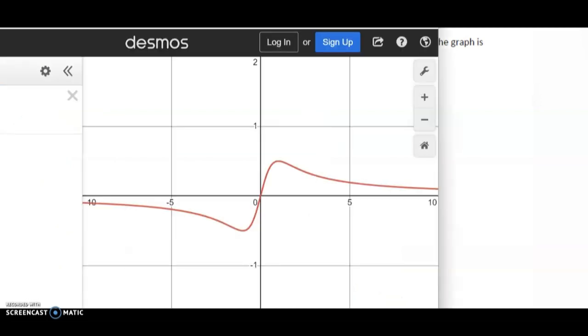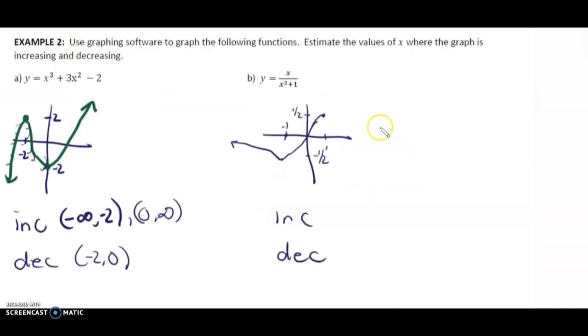And then decreasing again. Okay, and I'll taper off. So we can say that we're increasing on -1 to 1, and we're decreasing on -∞ to -1, and 1 to infinity.